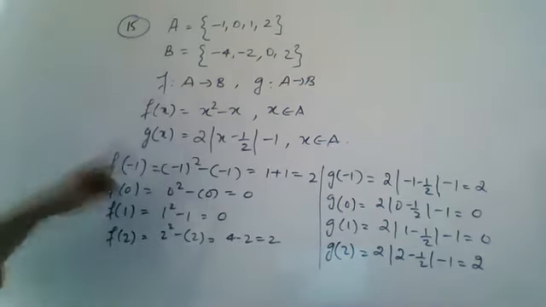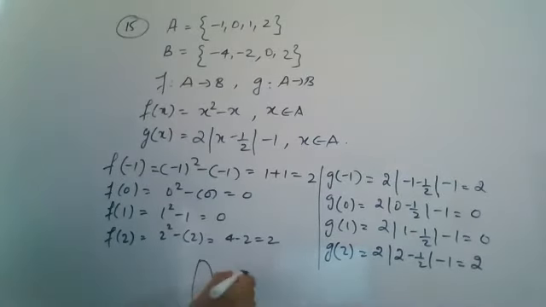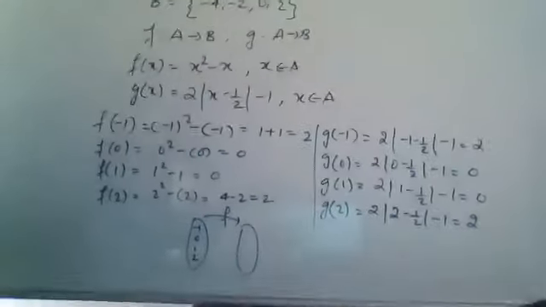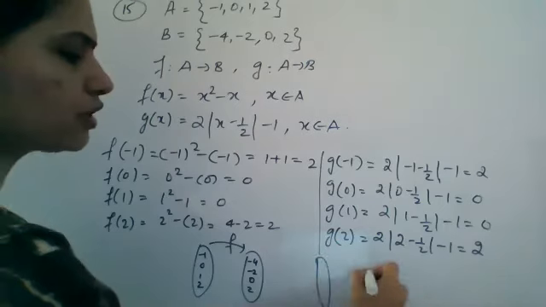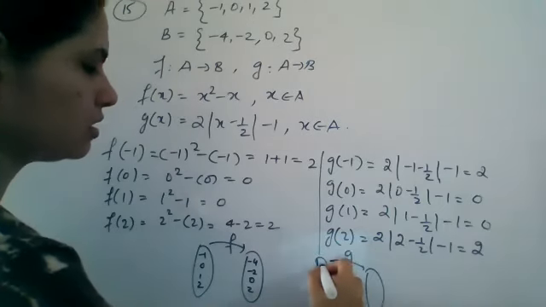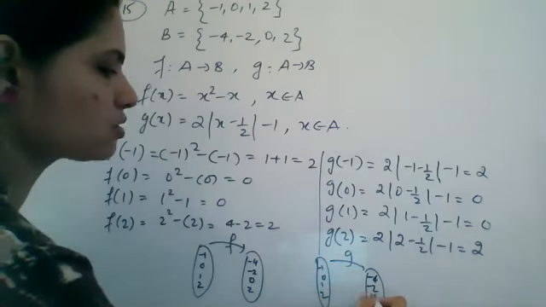The values of both functions are tallying. That means if you draw the diagram for f from A to B, here you have -1, 0, 1, 2, and here you have -4, -2, 0, 2. And if you draw for g, this is also -1, 0, 1, 2 and -4, -2, 0, 2.